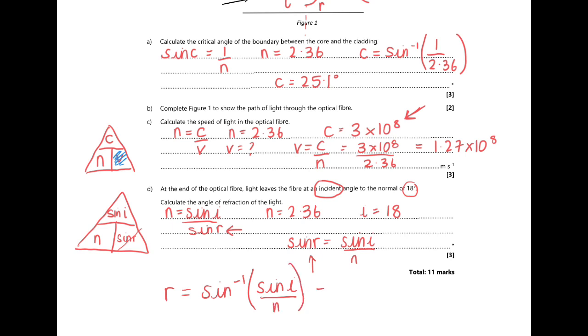So you would type that into your calculator, and the numbers would be sine minus 1, so you'd write in sine 18, and you'd divide it by 2.36. And the answer that you would get, R is equal to 7.52 degrees. That's question 1 done.